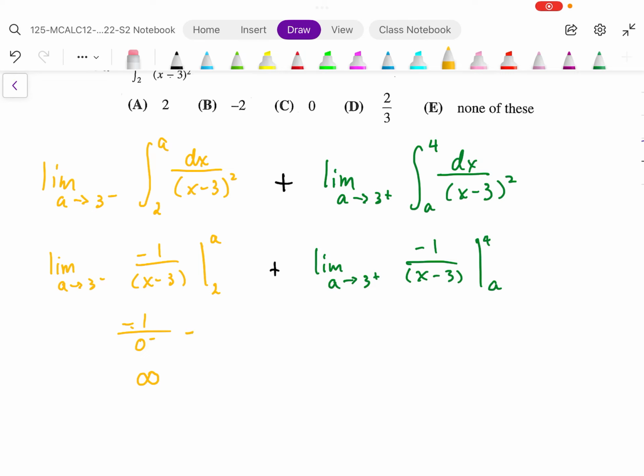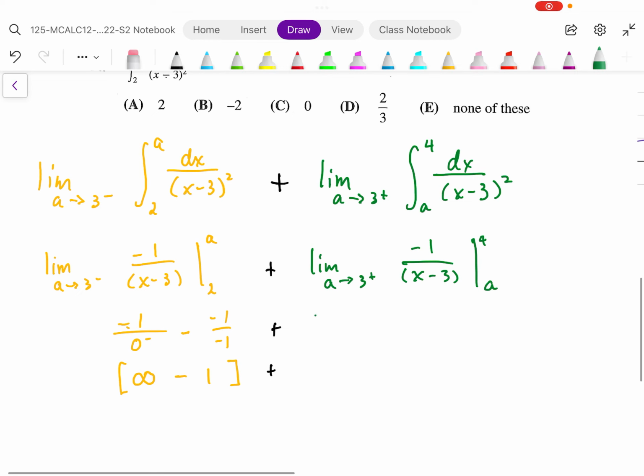And it's going to be minus negative 1 over (2 minus 3), which is negative 1. So it's going to be minus 1 on this side. Okay, so that's still infinity though. On the right-hand side, I'm going to plug 4 into this integral. So I'm going to end up with negative 1 over (4 minus 3), which is 1.